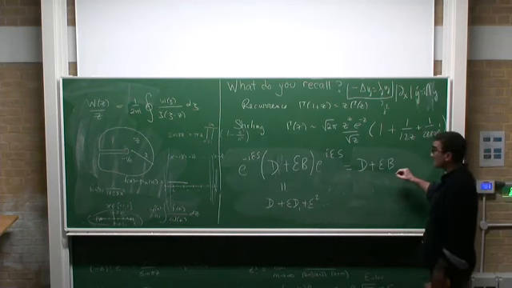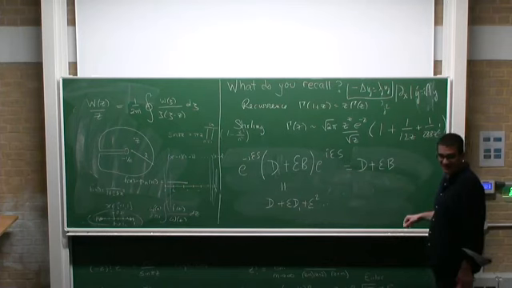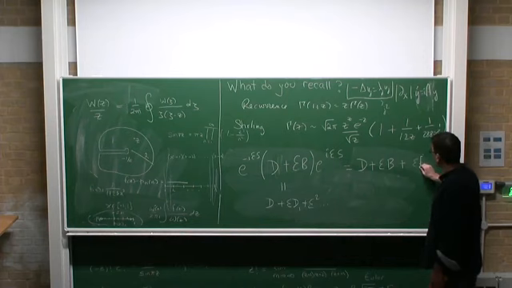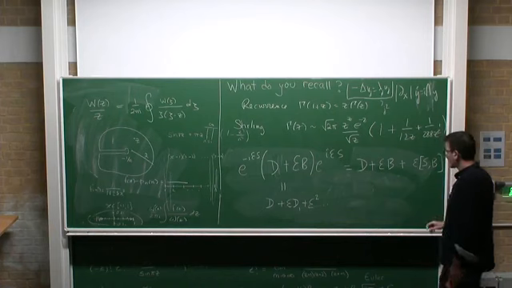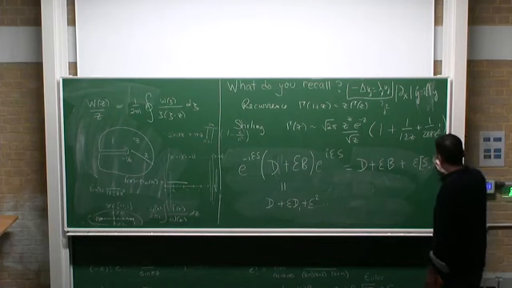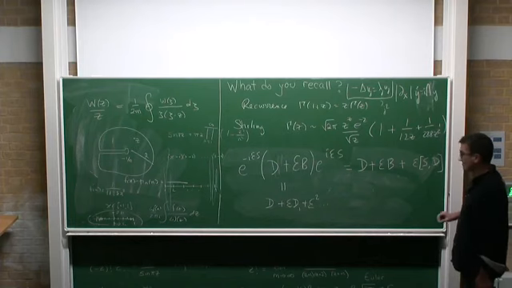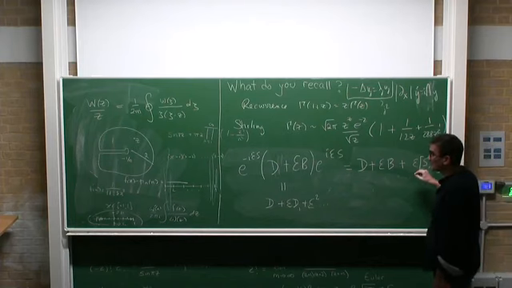And if I expand this, I use some standard formula. The next term is epsilon, and then you will have the commutator of S and D. And there is probably a minus i.